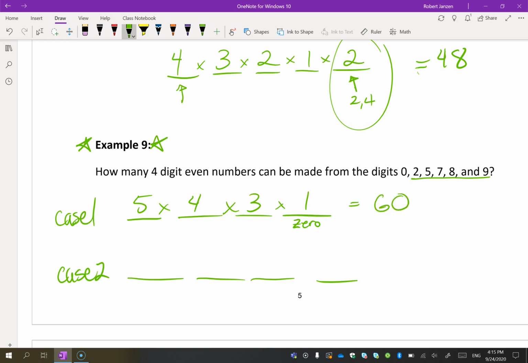Well, now let's consider using the 2 or the 8. So there's 2 possibilities. If you use either the 2 or the 8, let's just say we use the 2. How many choices do I have for this first spot? Well, I only have 4 because I can't use 0. Okay?